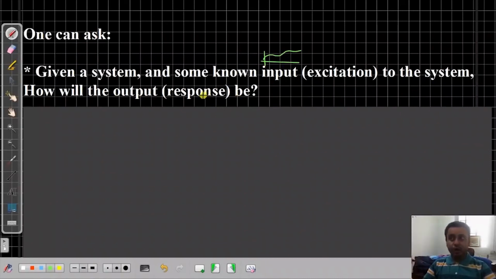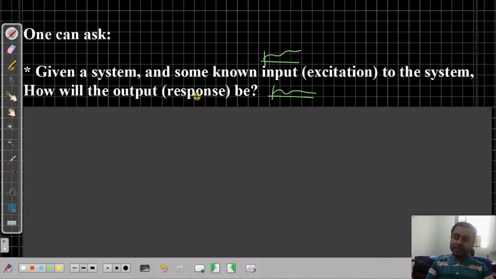That means how will the train move? So if I know the input, how will the output change? Input is also known by the term excitation, and output is also known by the term response.